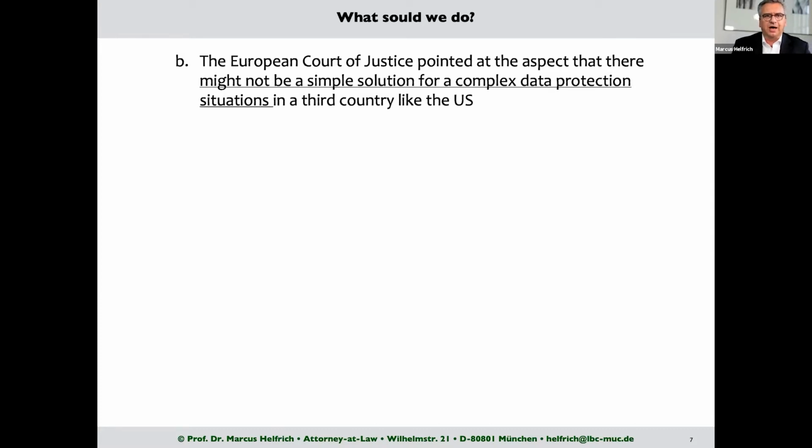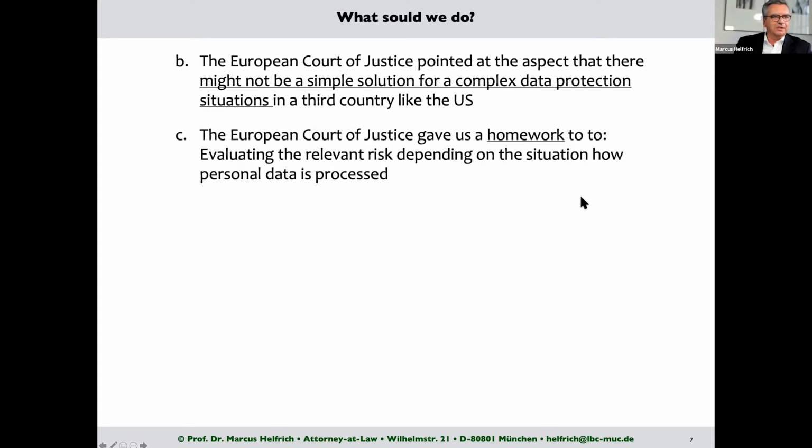They should analyze the situation country by country and case by case, and then make up their mind if there are additional supplementary measures necessary. And this is a kind of homework the European Court of Justice gave to all of us. We have to evaluate the relevant risk.